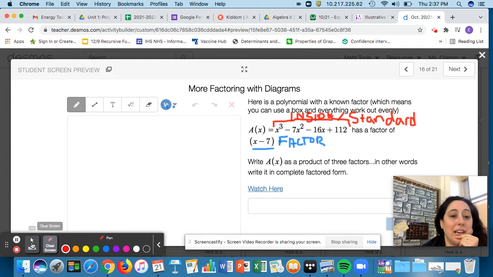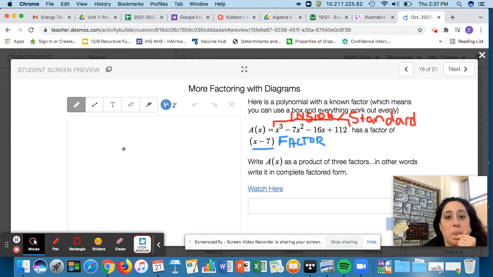Okay, so let's actually get to it. How do we factor this? We factor it by saying, all right, I'm gonna set up my box, right? It's gonna go a little longer just because it's x cubed. But here I still have one factor, so I'm gonna say x minus 7. That is my factor.